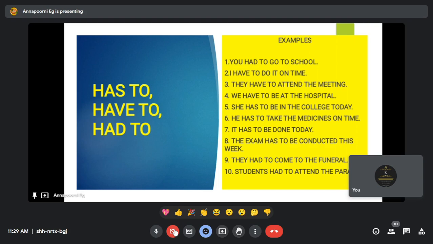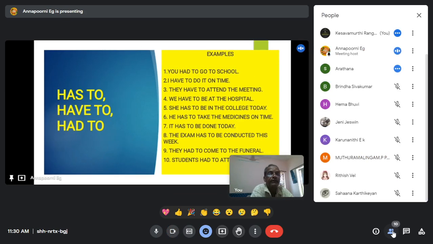The exam has to be conducted this week. They had to come to the funeral. Students had to attend the parade. Okay.